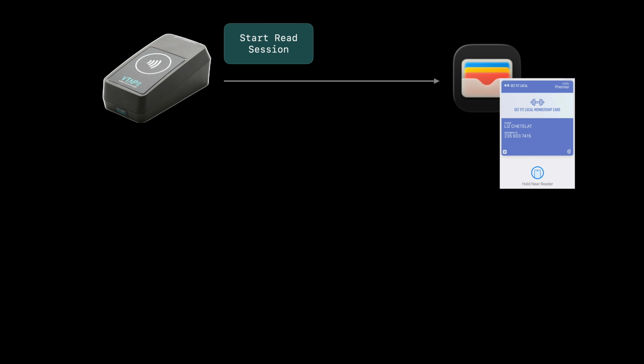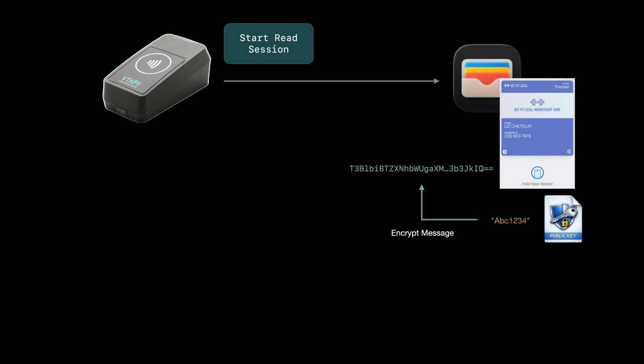Now, when you read an NFC pass, the first thing that happens is that the NFC reader starts a reading session. This will help iOS know to open the Apple Wallet. You select the pass and get it closer to the reader. When that communication happens, Apple Wallet will encrypt the message in the NFC payload using the encryption public key we added to the payload.